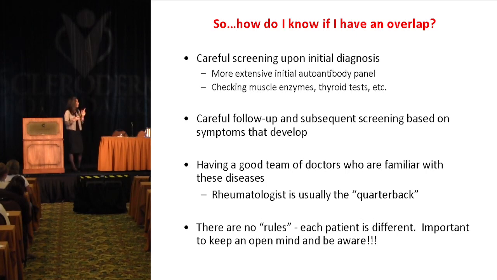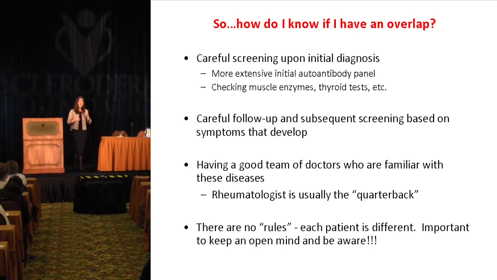But it's important because, as I mentioned, these antibodies have prognostic significance. I think that's the take-home point: it's good to know so that if a complication comes up, we have some heads up that it might happen. I also evaluate them for muscle enzymes, thyroid tests, et cetera, and do very careful follow-up and subsequent screening based on any symptoms that develop.